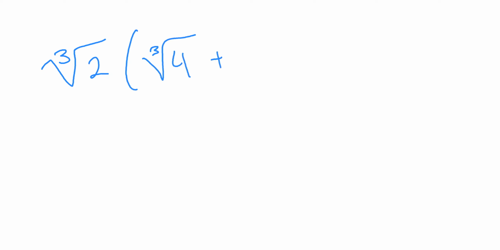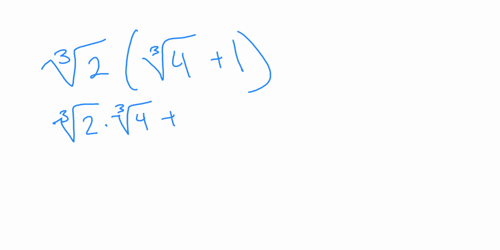We've got the cube root of 2 multiplied by the cube root of 4 plus 1. We'll distribute this cube root of 2. So we've got the cube root of 2 times the cube root of 4 plus the cube root of 2 times 1.